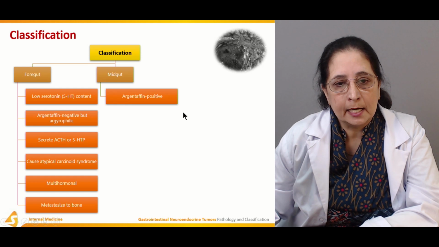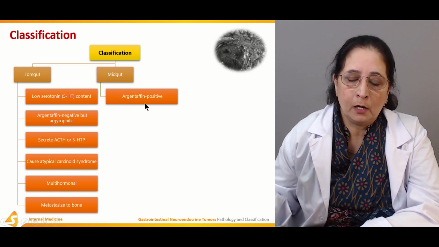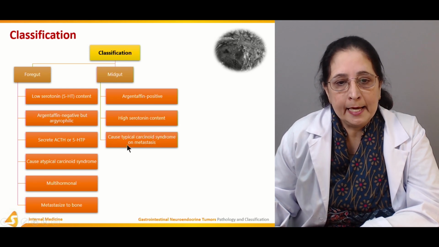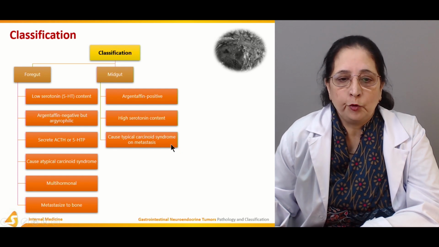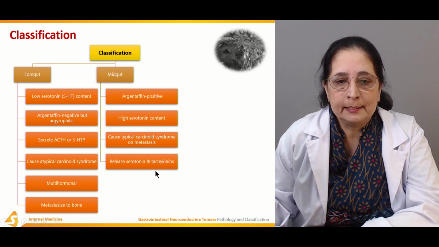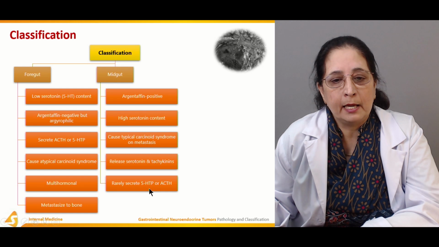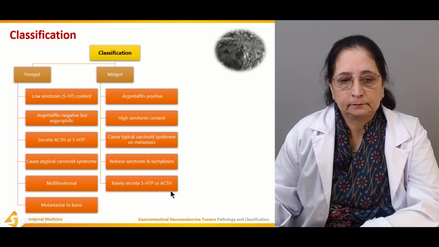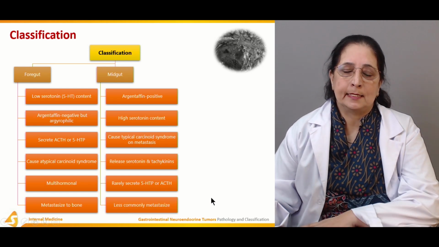Now the midgut: they are argentaffin positive, have high serotonin content, cause typical carcinoid syndrome, release serotonin and tachykinins, rarely secrete 5-hydroxytryptamine or ACTH, and less commonly metastasize.